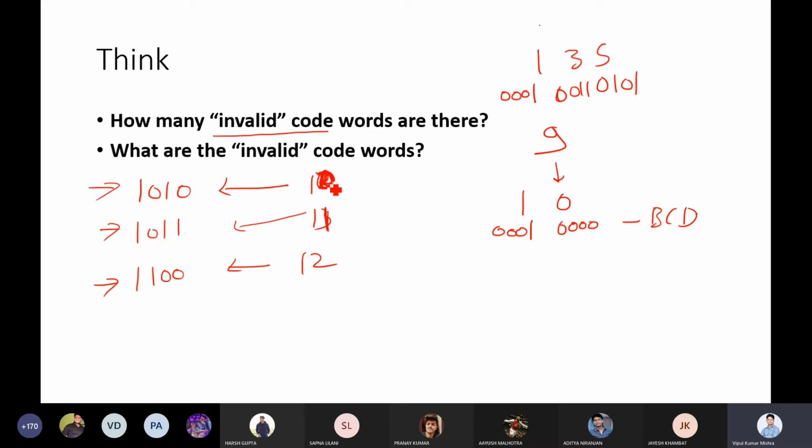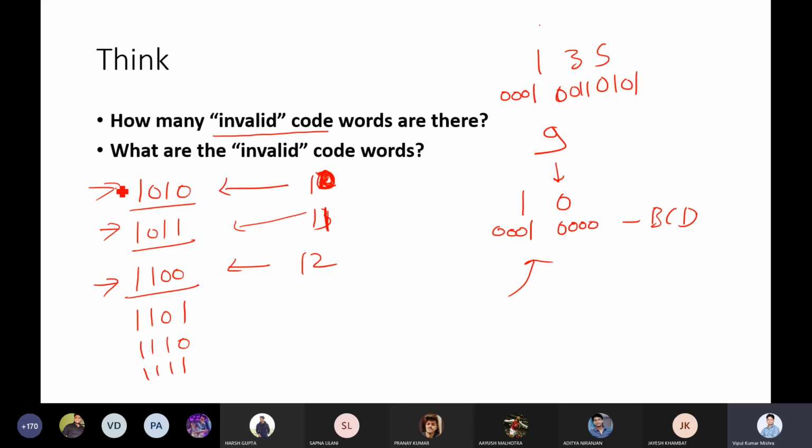No, because when you say 10, it will be represented like this. So these bits will never come into the picture, and that's why they are called invalid bits. These are not valid bits. If someone says I am representing in BCD, and you get these codes, then these codes are invalid codes. Similarly 1101, 1110 and 1111.